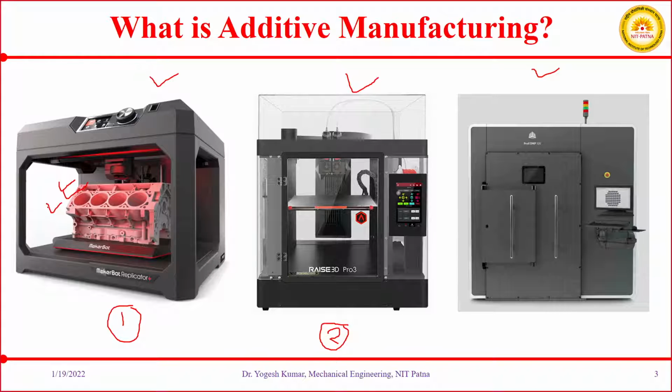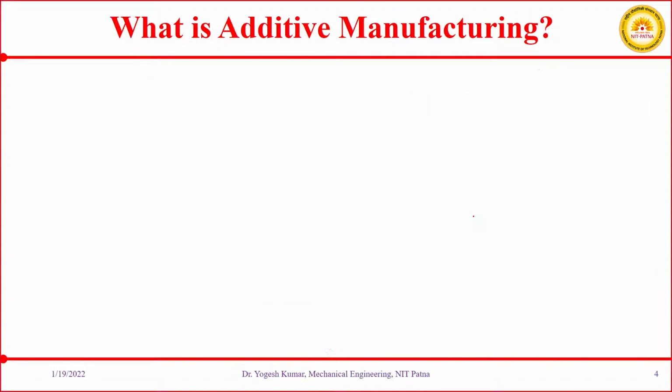Just to make you aware of how these additive manufacturing or 3D printing machines look, I have taken these photographs, and later on we will discuss what an additive manufacturing machine actually is. Let me go ahead.